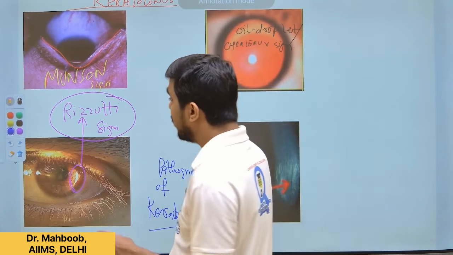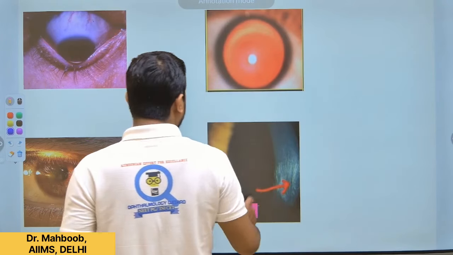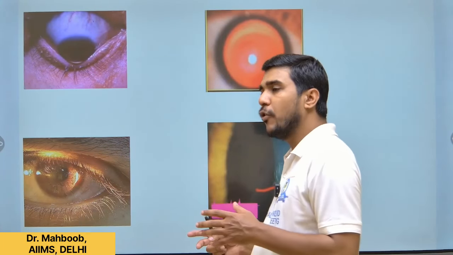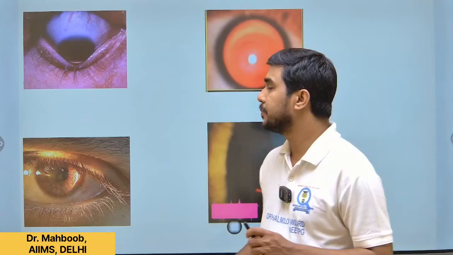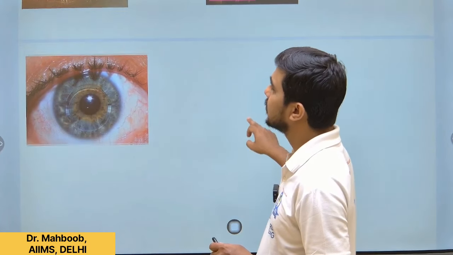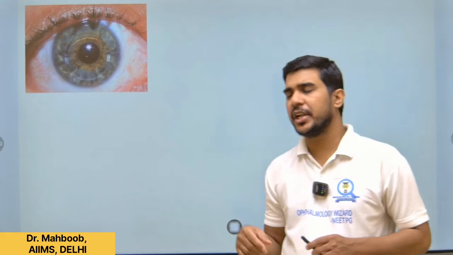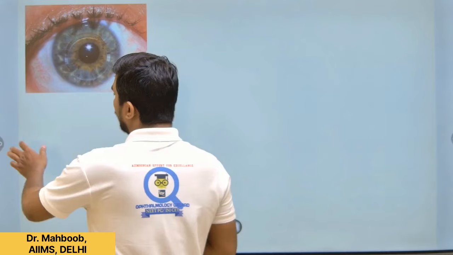Remember, when you have keratoconus, you need to treat it. There are many methods of treating keratoconus. The first one is spectacle correction, correct glasses. The second one is something called this. A very important, famous question in examination. So nothing to worry. What is this?